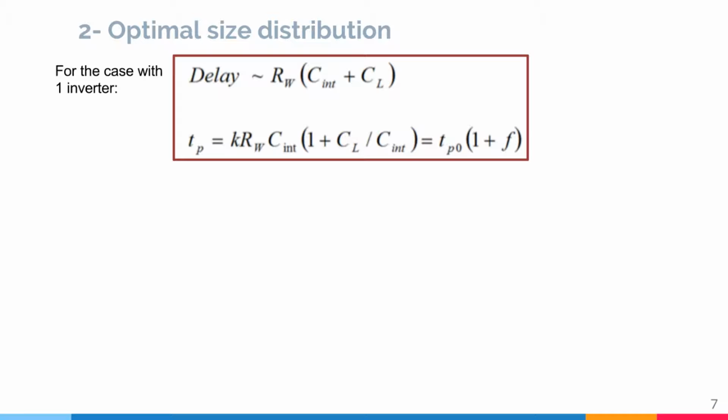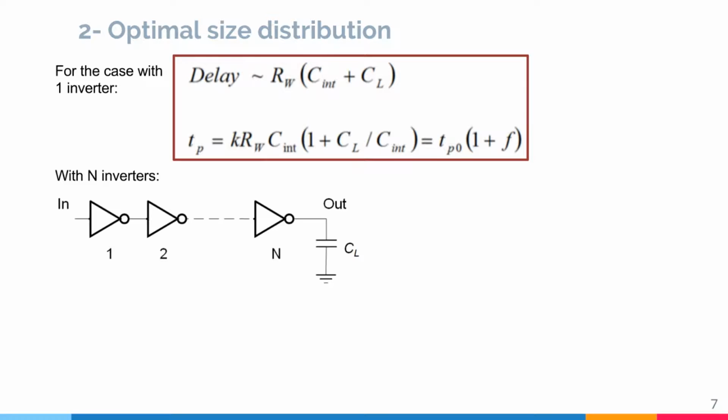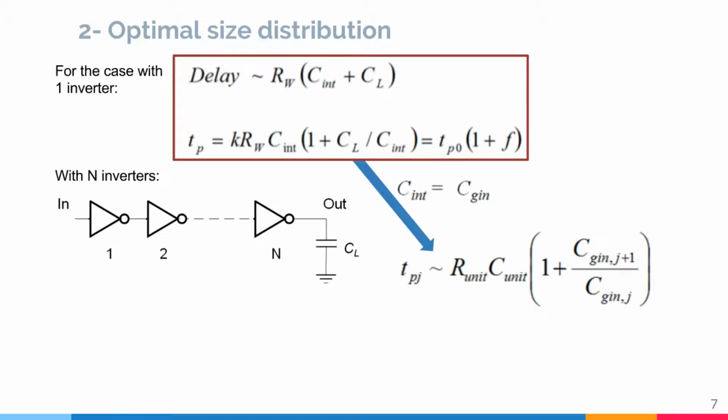First, we look at the delay caused by one inverter. We can see that it depends on its load and internal capacitances. This F means the fan-out, which is the relationship between these two capacitances. Let's see how we do it with N inverters. We can see that in an inverter chain, the C load is the C gate of the next inverter. Applying this identity, Cint is equal to C gate in, we have the following.